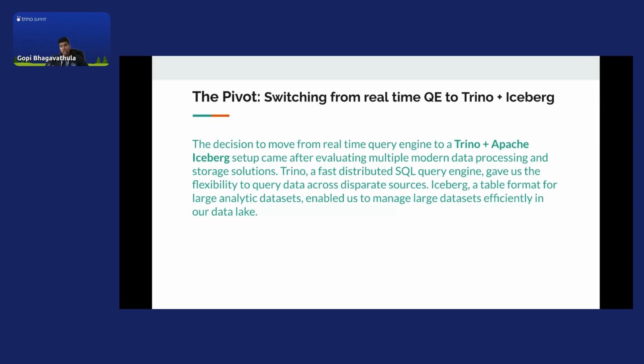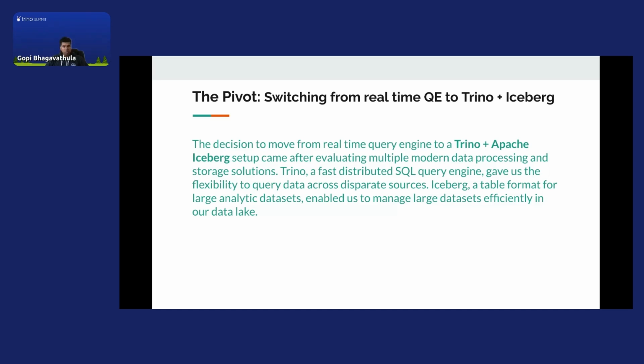The decision to move from the real-time query engine to a Trino and Apache Iceberg setup came after evaluating multiple modern data processing and storage solutions. Trino, as you're all aware, a fast distributed SQL query engine, gave us the flexibility to query data across disparate sources.